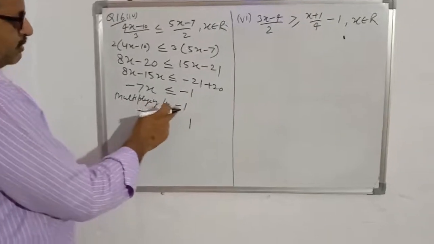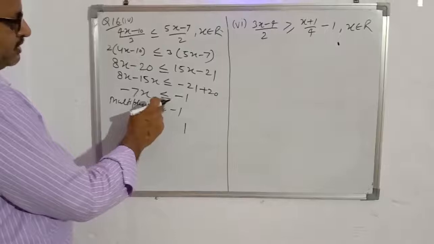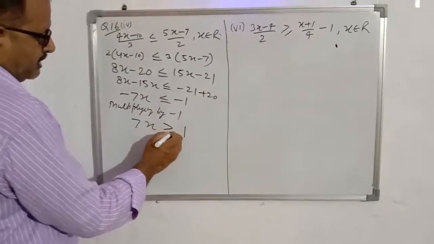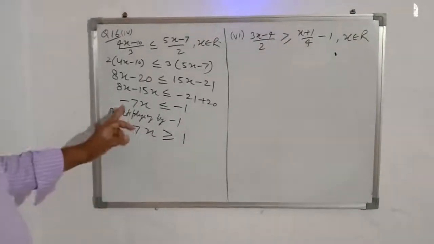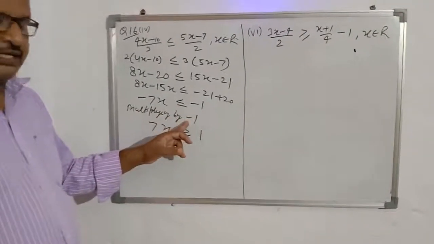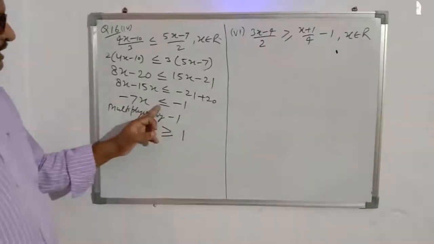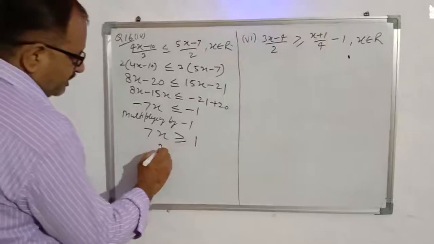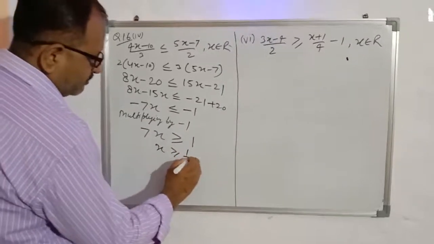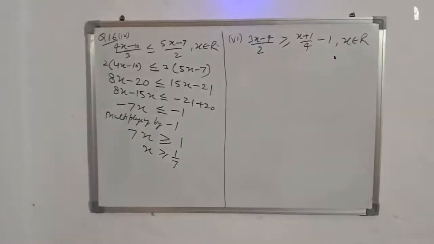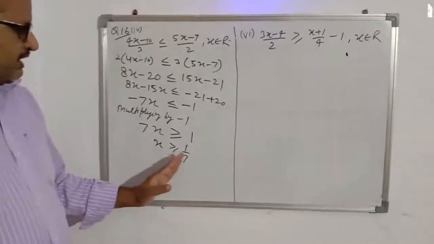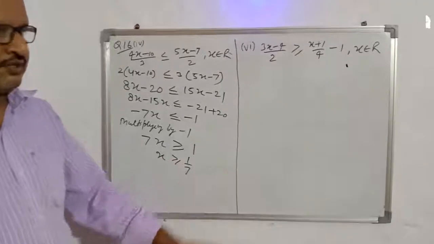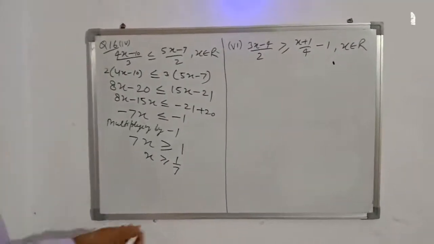We are multiplying both sides by the negative number minus 1, so the inequality gets reversed. Less or equal to becomes greater or equal to. So when we multiply both sides by a negative number, the inequality gets reversed. So 7x greater or equal to 1. What will be x? x greater or equal to 1 by 7. So all those real numbers which are equal to 1 by 7 and greater than 1 by 7 up to infinity will be the solution set.